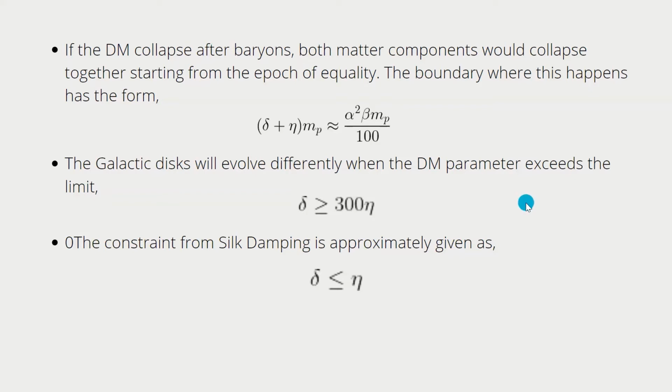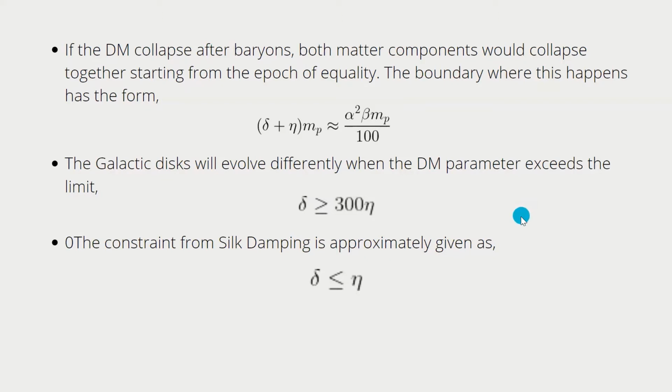So the final equation comes from the Silk damping. Silk damping is generally a dissipation of small scale perturbations which are caused by photons random walking out from the overdense region. It's kind of like a diffusion of photons from a highly dense region to a lower dense region.